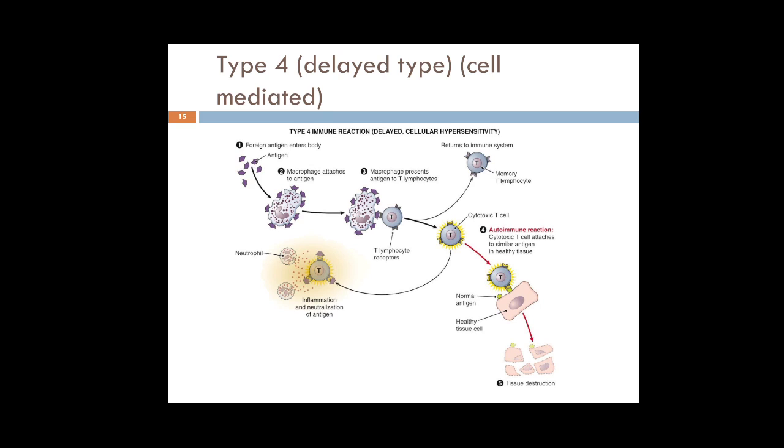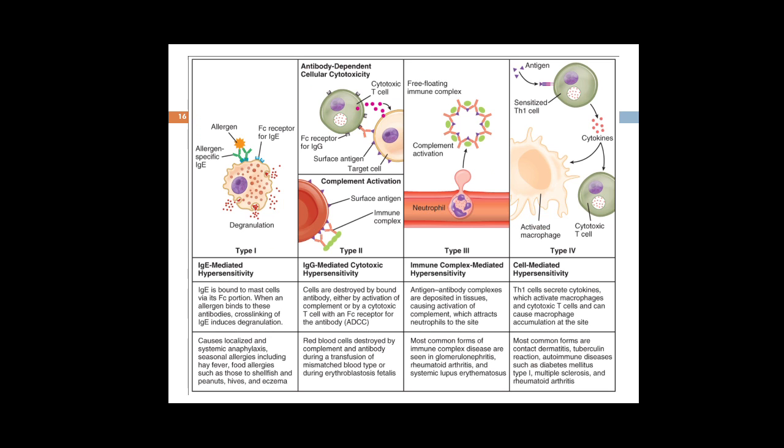The T cells which have identified the antigen on the macrophage, the externally administered antigen, will identify similar antigen inside our body on the normal tissues, and this cytotoxic T cell will bind to normal antigens present on the normal healthy tissue cell, and will cause their destruction, inflammation. So the normal cell is affected. Okay, so this is type 4, that is cell mediated or delayed type of allergic reaction.